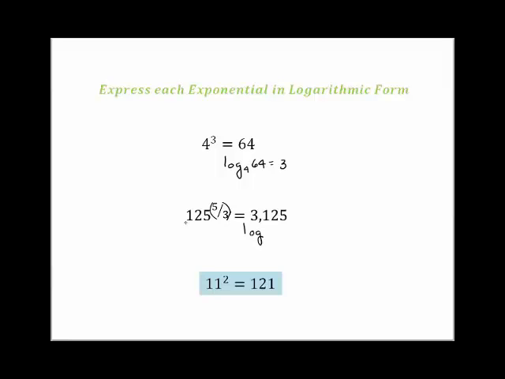We have the log again, and this is our base, 125, of 3,125 equals 5/3. So we're working with a very large base here, and we are able to get an answer. All right, try this one yourself. Stop the video and try to put this one in logarithmic form.